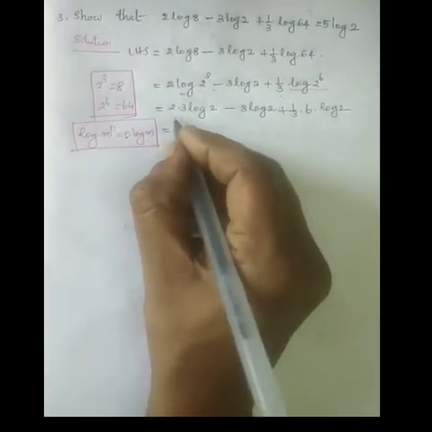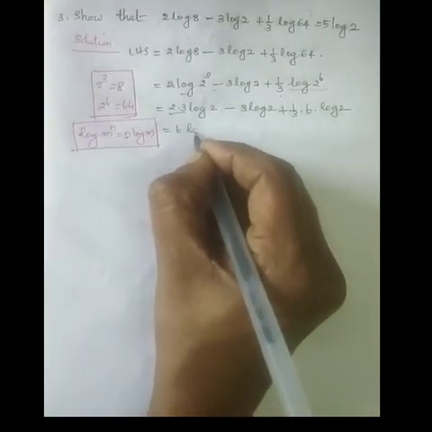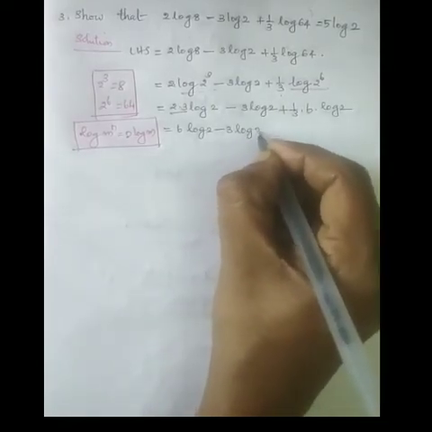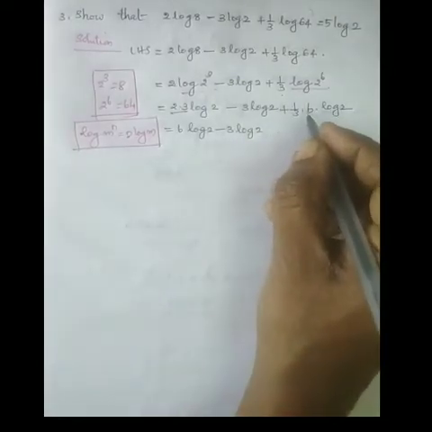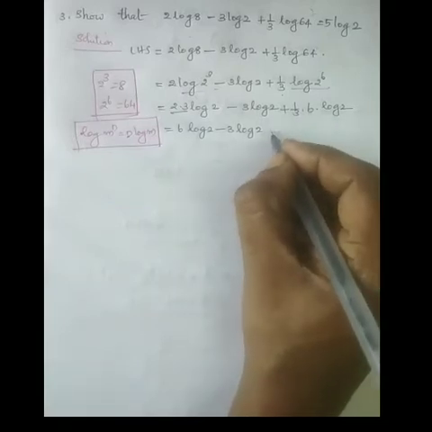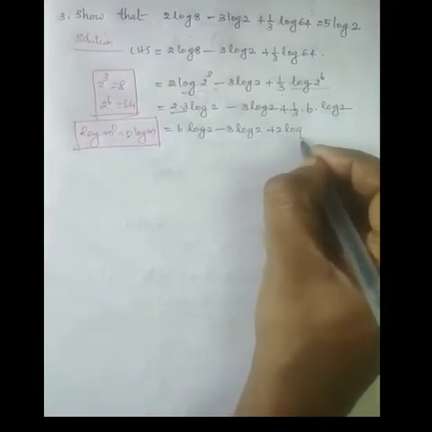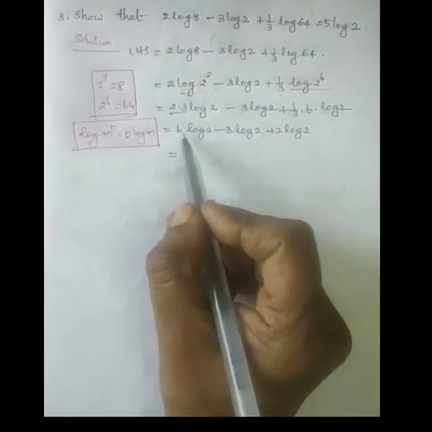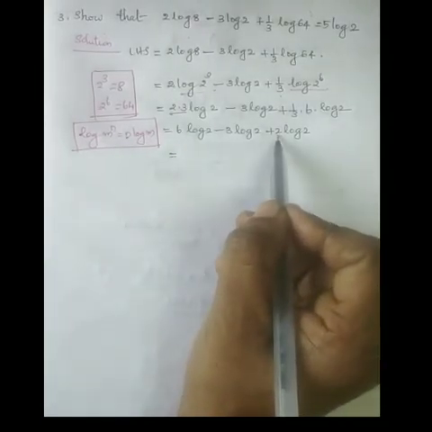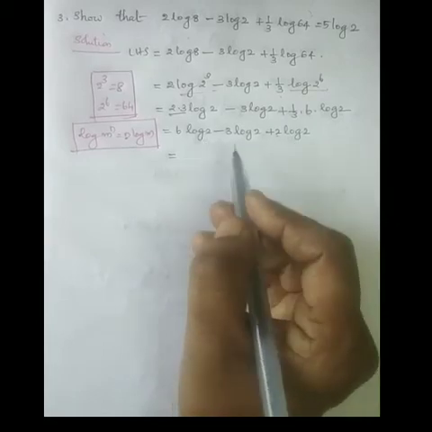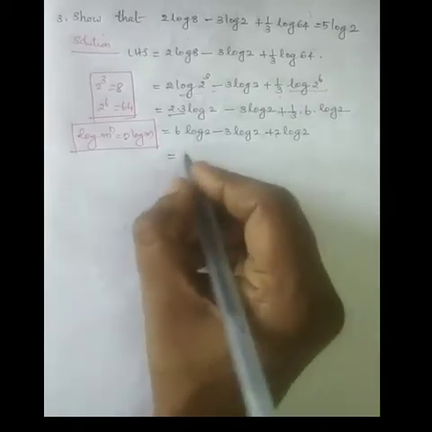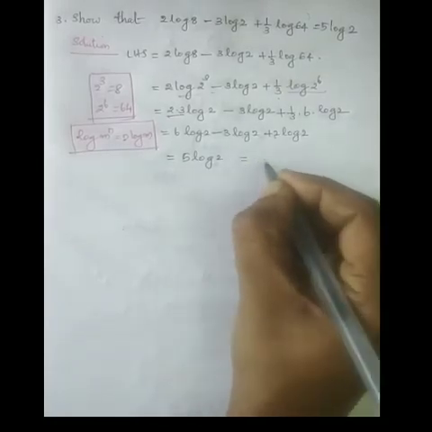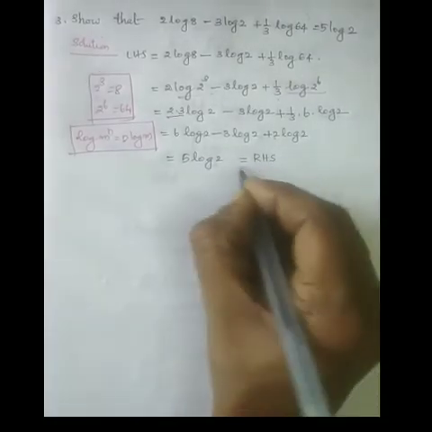That's equal to 6 log 2 minus 3 log 2 plus 2 log 2, since 1 by 3 into 6 is 2. It's equal to 6 plus 2, 8 log 2 minus 3 log 2. 8 minus 3, 5. That is equal to 5 log 2, which is the RHS. Hence we proved.